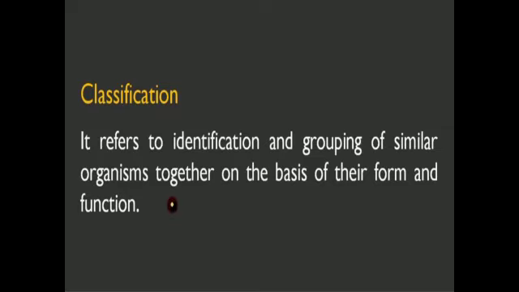When we are trying to classify a diverse group of organisms, we need to find ways in which some of them are similar enough to be thought of together. These ways are details of appearance or behavior, in other words, form and function. These are the characteristics.